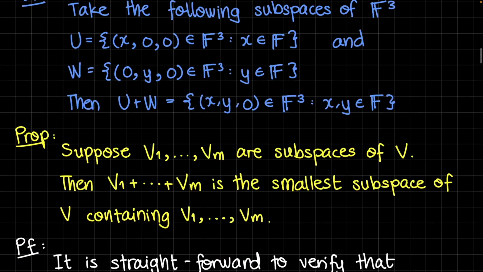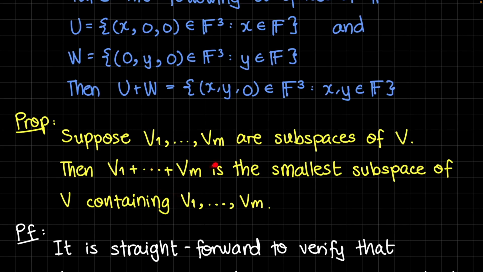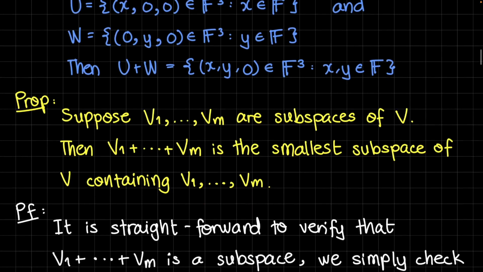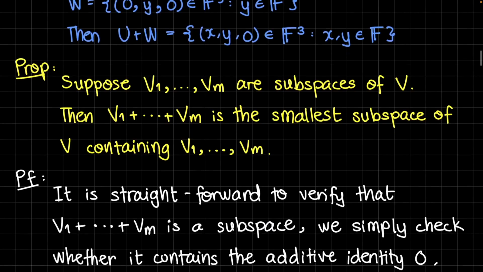Now we have a proposition: suppose V1 through Vm are subspaces of V, then V1 plus dot dot dot plus Vm is the smallest subspace of V containing V1 through Vm. How do you prove that? Well, let's break it up. We first need to prove that the sum V1 through Vm is a subspace, and then we have to show that it's the smallest one that contains V1 through Vm.